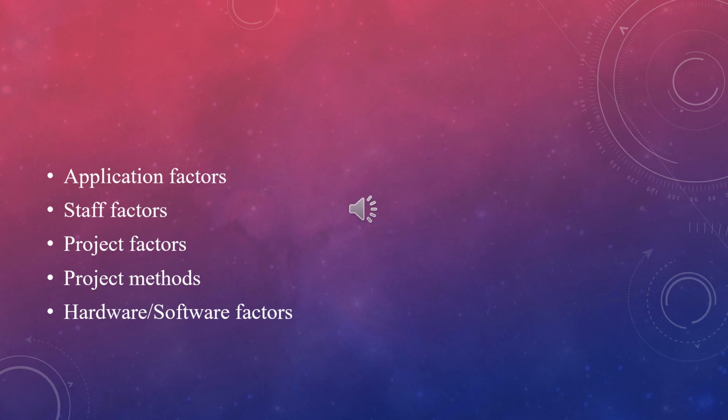The next set of factors include hardware-software factors. A project that requires new hardware for development is likely to have a greater risk than one where the software can be developed on existing hardware or a familiar hardware.